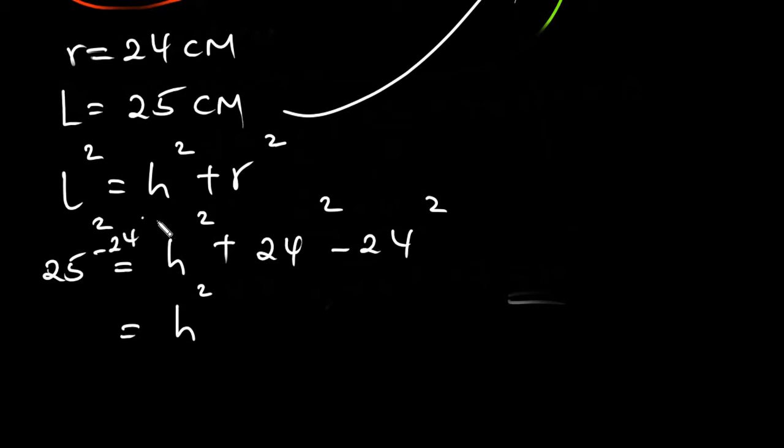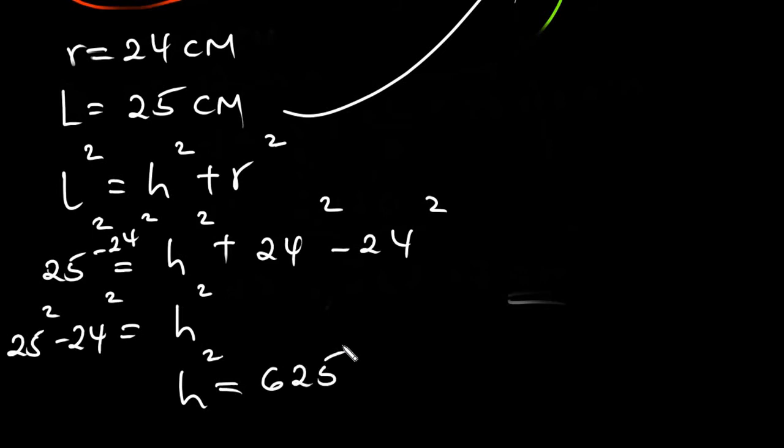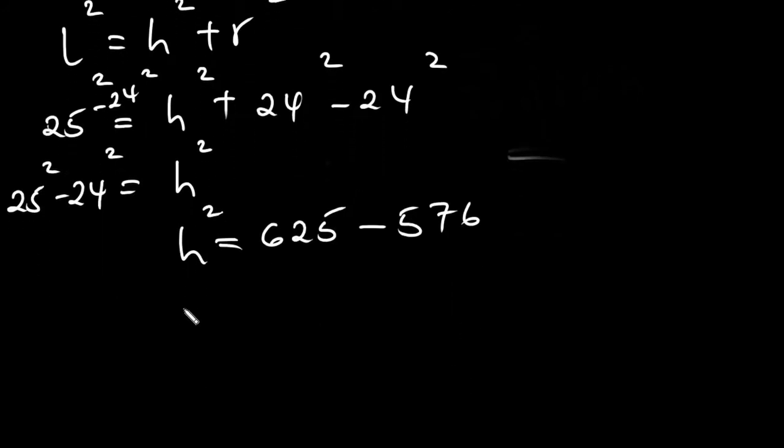So it's going to be 25 squared minus 24 squared, which gives the height squared. 25 squared is 625, and 24 squared is 576.